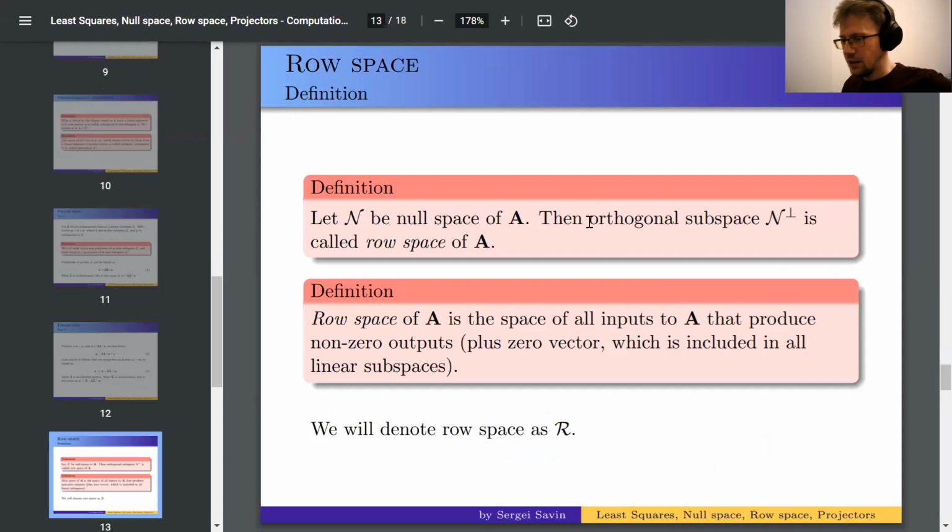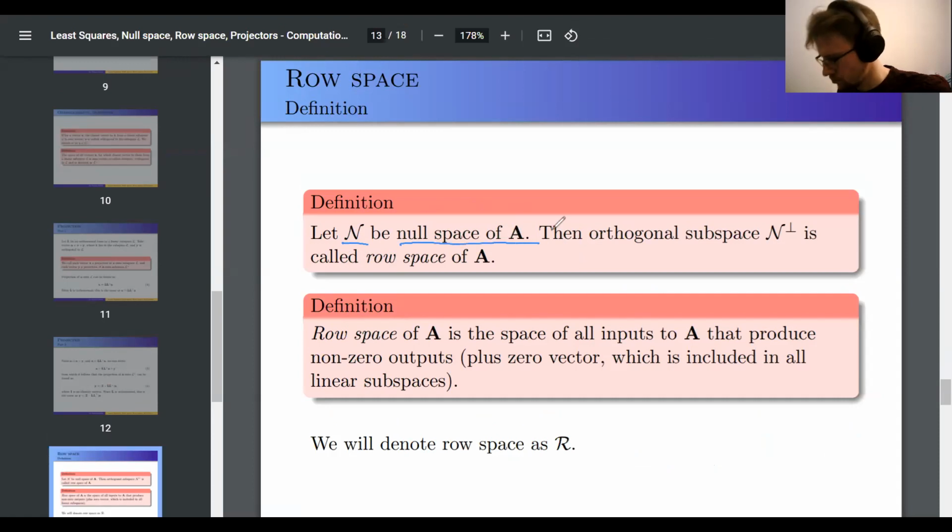Now, back to the null spaces. So let N be the null space of A. Its orthogonal complement, N perp, is called the row space of A. We call it a row space. There is a reason why we call it a row space.